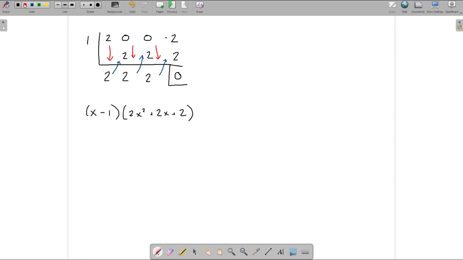Let's see if we can reduce this further by doing the discriminant test. So b squared minus 4ac. Here that will give me 2 squared minus 4 times 2 times 2.